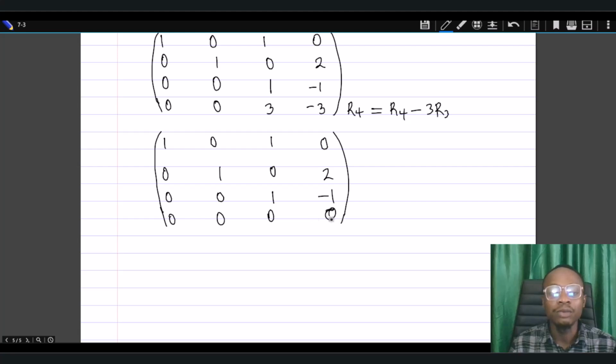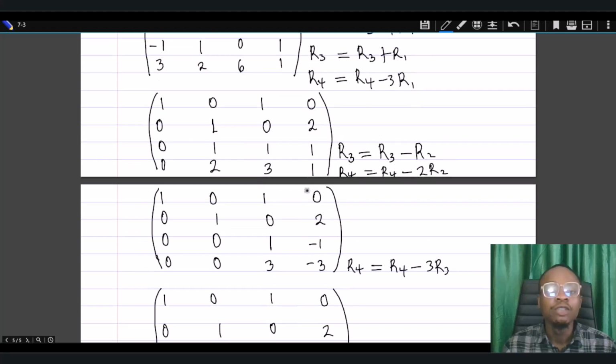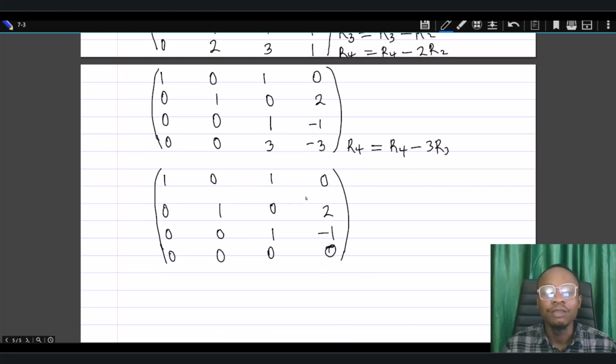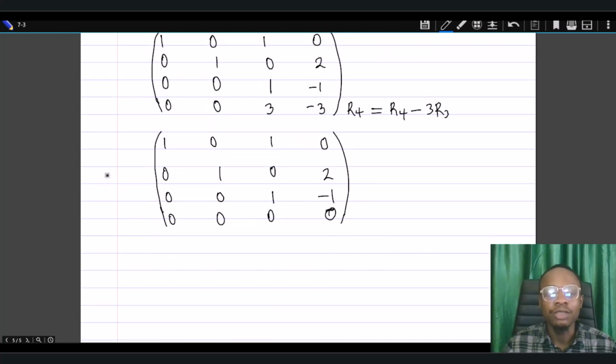We're good, no problem. Then we know we have used column vectors here, so we have to get a basis of the column space of this matrix. And how do we go about that? Identify the first non-zero entry in each row. This is the first non-zero entry for the first row, the first non-zero entry for the second row, and the first non-zero entry for the third row.